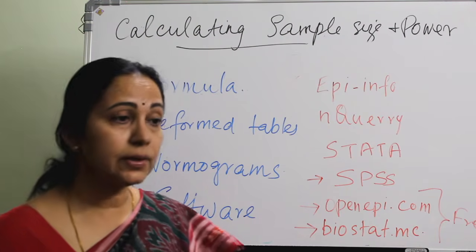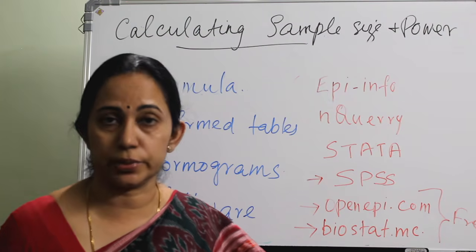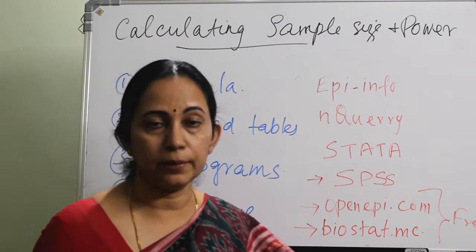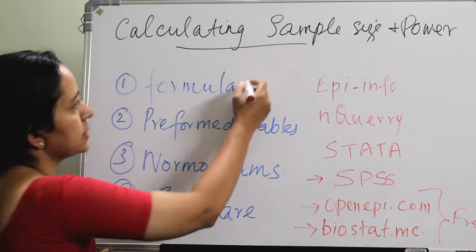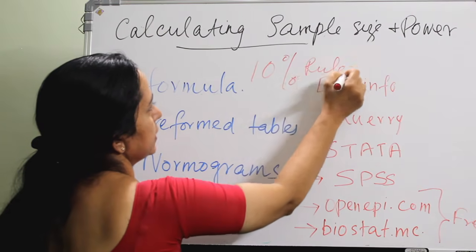Okay, and even then these formulas will tell only the crude association. They will not look into confounders, if any. So there applies this 10% rule. What is it?